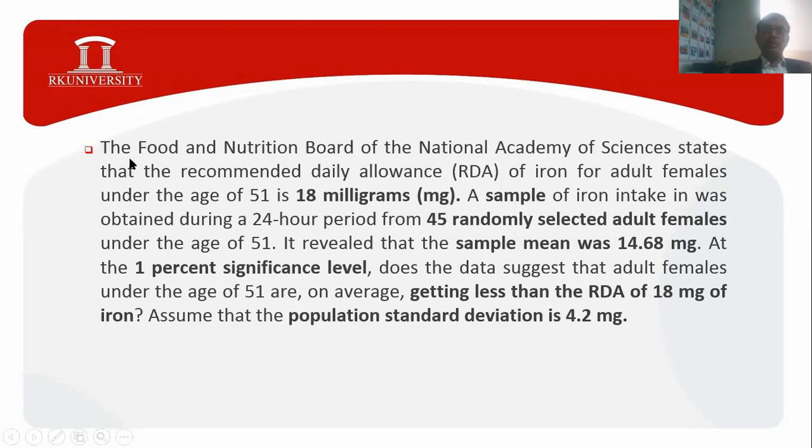The Food and Nutrition Board of the National Academies of Science states that the recommended daily allowance, denoted by RDA, of iron for adult females under the age of 51 is 18 milligrams.